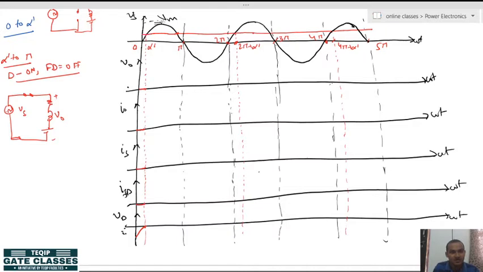So we can simply draw it like this from this point. Like this, okay. And load current, as you know that this is inductor, so inductor does not allow instantaneous sudden change of current. So the current will start rising from 0, and we have already derived that the current will be exponential plus sinusoidal behavior. So the current will be like this.